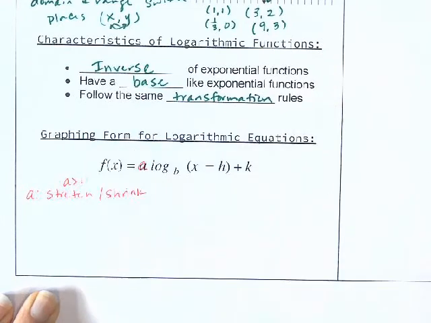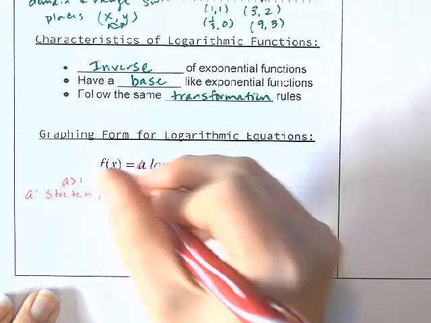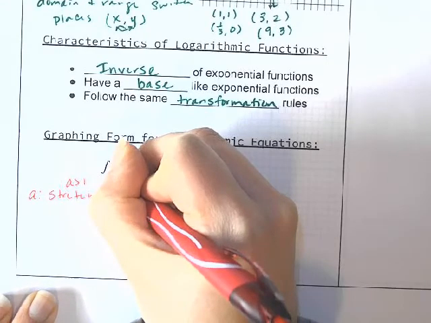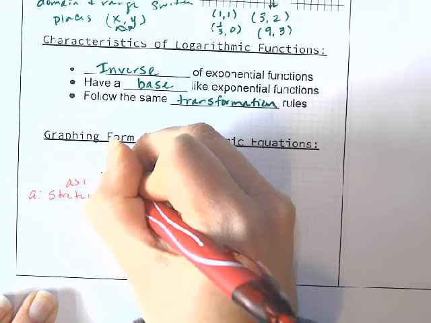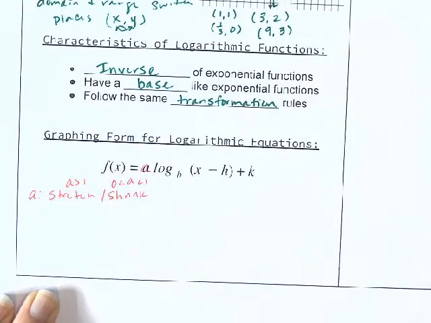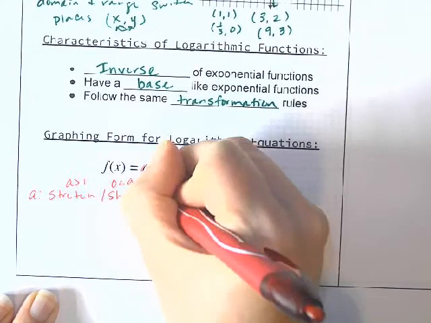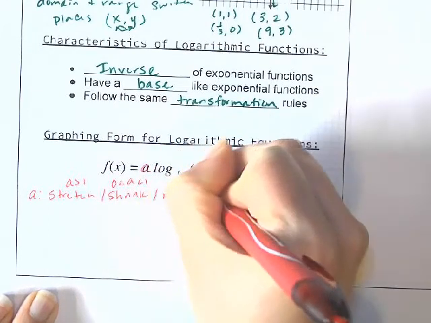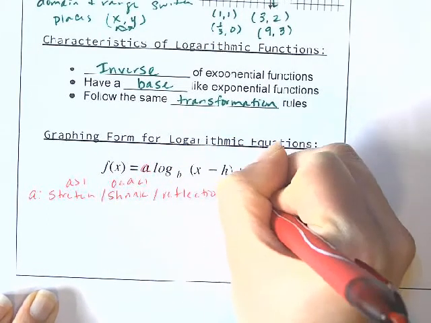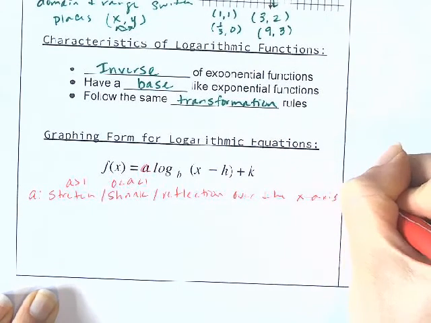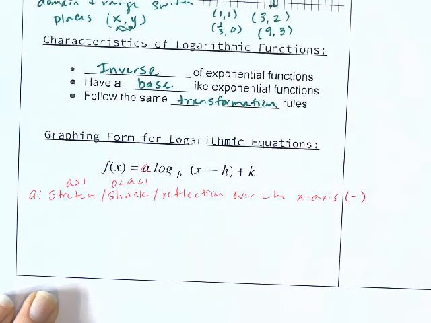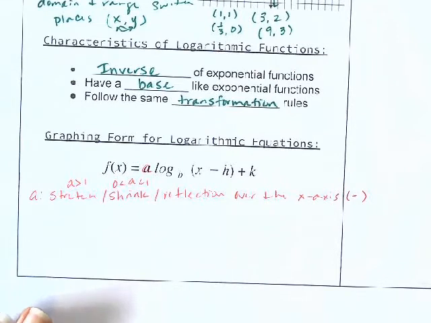So if a is bigger than 1, then it's going to be a stretch. If it's a shrink, then a has to be somewhere in between 0 and 1. So I'm going to put a 0 here. And then it also means that there could be a reflection over the x-axis, and that would imply that there's a negative in the front.